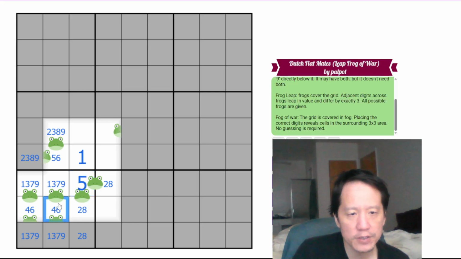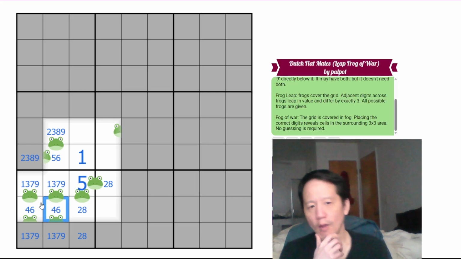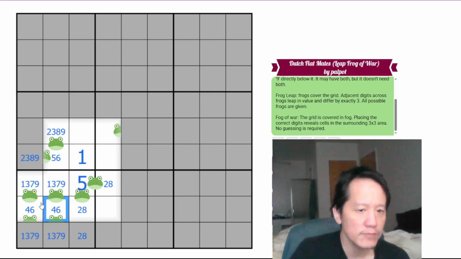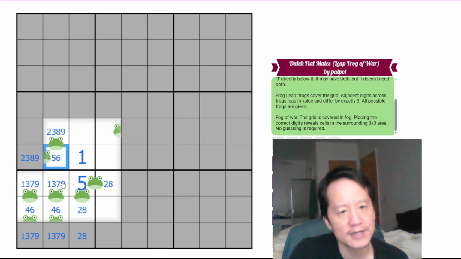What else do we know? If this is a 5, a 9 has to be directly below it because a 1 cannot be directly above it.